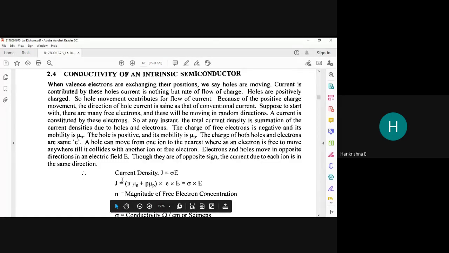See here. N is the concentration of free electrons. Mu N is the mobility of free electrons. P is the concentration of free holes. Mu P is the mobility of holes. e is the electron charge, and the capital E is the applied electric field intensity.